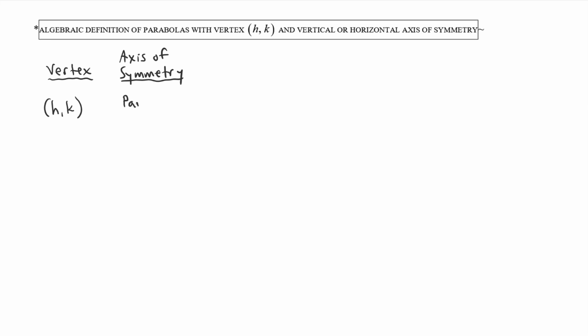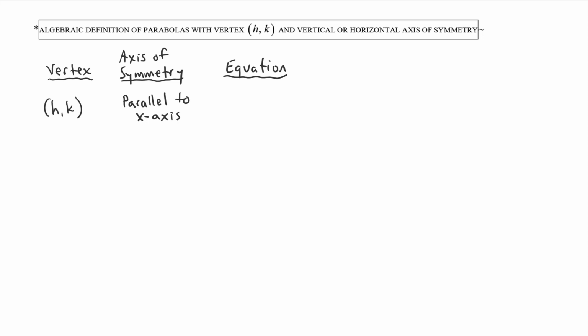So let's say that the axis of symmetry is parallel to the x-axis, which would make it horizontal. Well, algebraically, if it has a horizontal axis of symmetry, then the parabola is either going to open to the right or to the left.